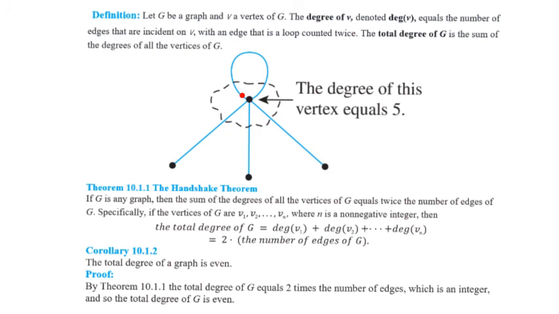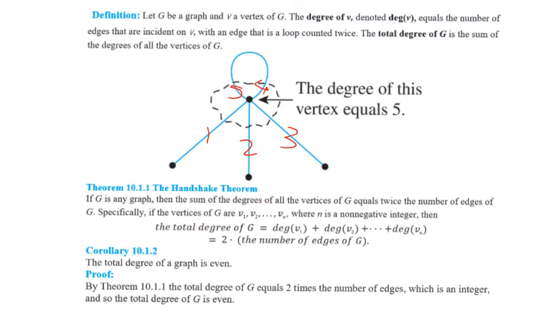So the total degree of this vertex equals 1, 2, 3, and for this loop we need to consider it twice, 4 and 5. So let me write it here. We have 1, 2, 3, 4, and 5 edges incident on this vertex. As a result, we can say degree of this vertex equals 5.